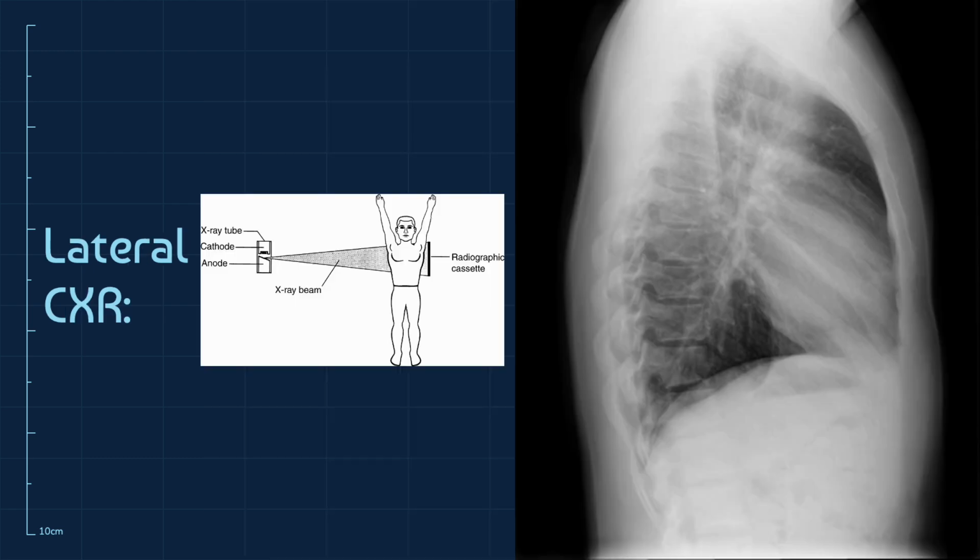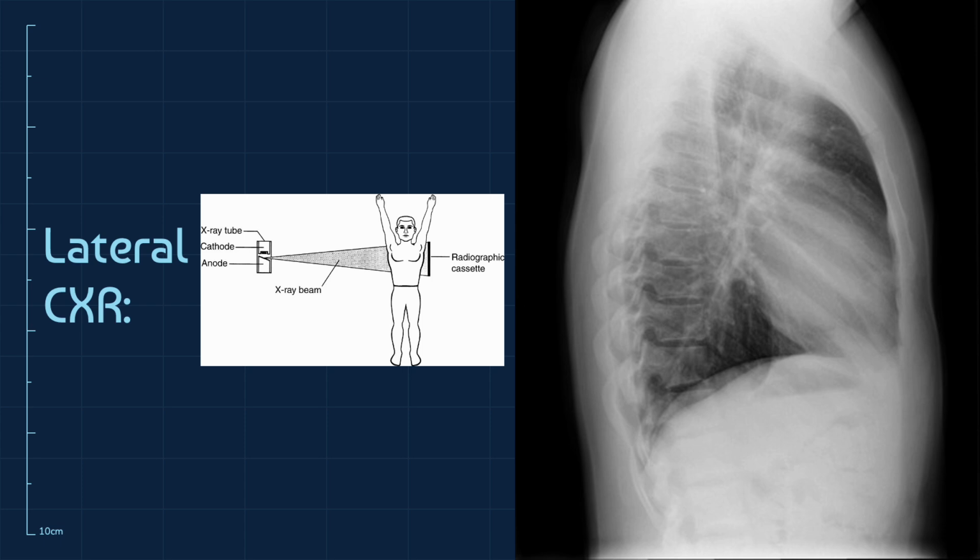Now, speaking of lateral x-rays, this is what one would look like, and they are obviously important to help provide you a different angle or perspective of the patient's chest. Now, remember, the caveat of regular PA or AP chest x-rays is that you can't really determine anterior versus posterior. You can only see from up to down and right to left.